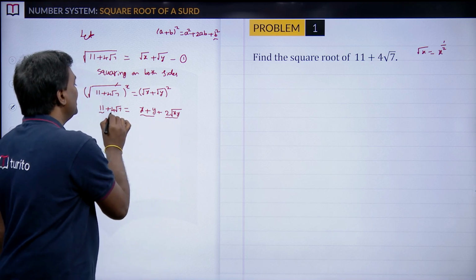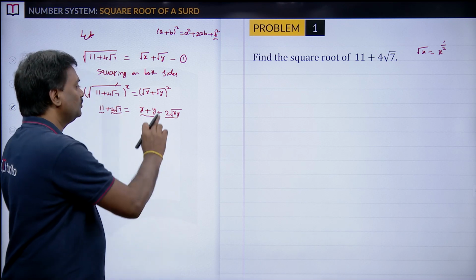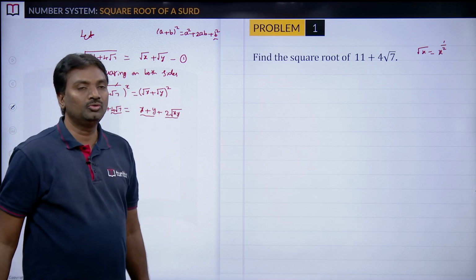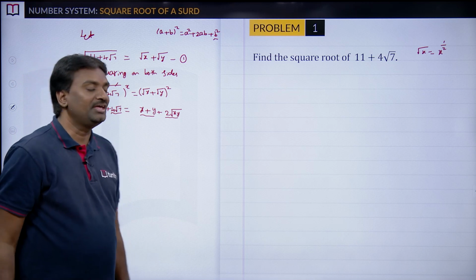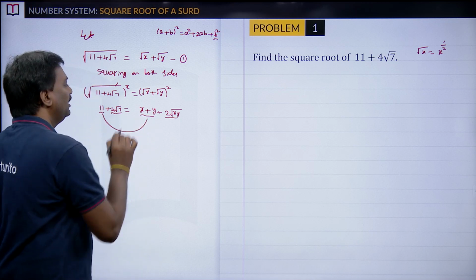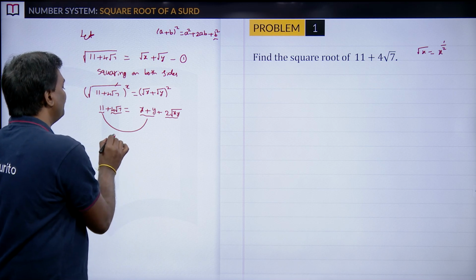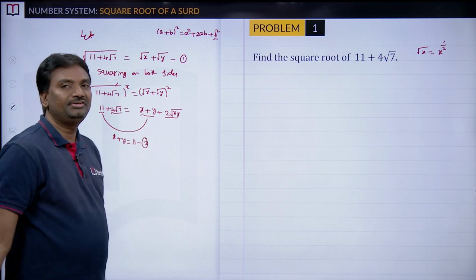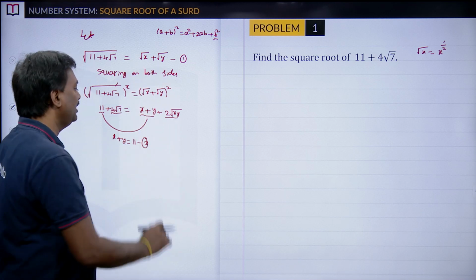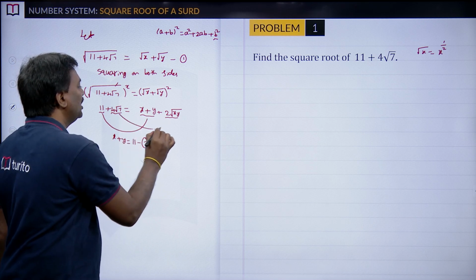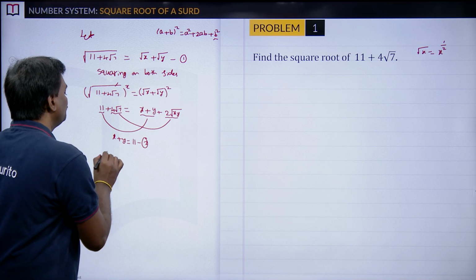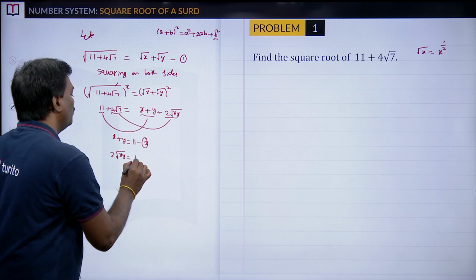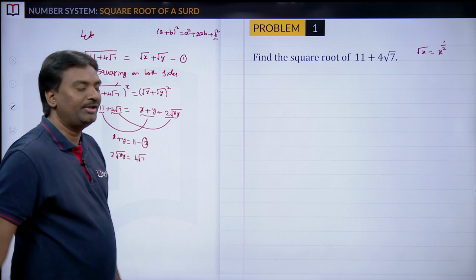Let us suppose this is the second equation. Already we have taken equation 1. By comparing irrational terms on both sides, 2 root xy is irrational, and here we have 4 root 7. So 2 root xy equal to 4 root 7.